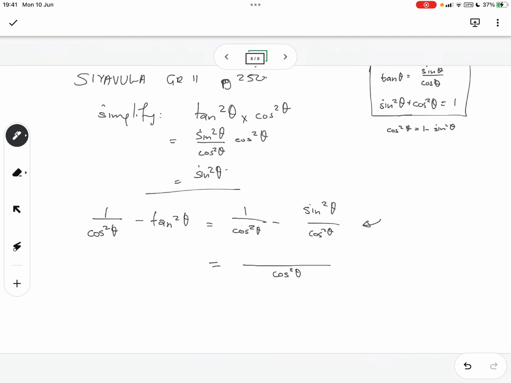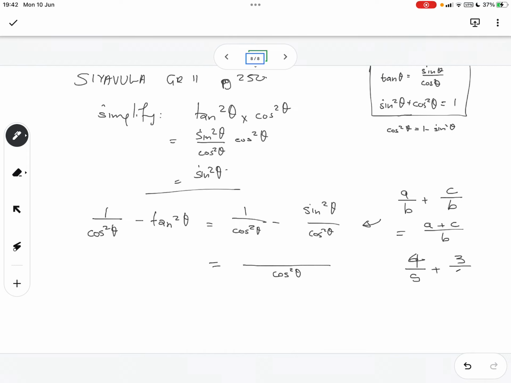So this is important because we're using these identities and substituting them so that it makes it simpler for us to add or subtract or simplify. Ne? And now here, we've got the same denominator.